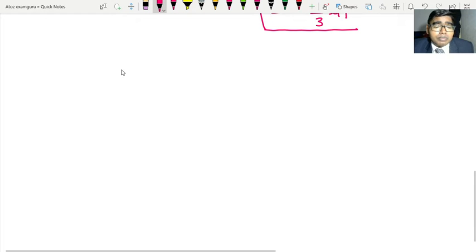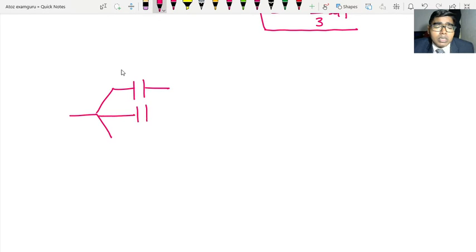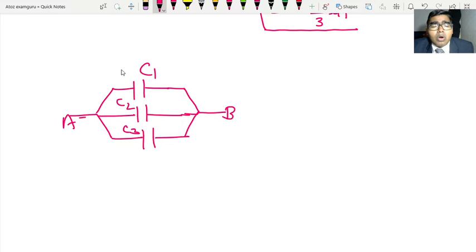Simply suppose that these capacitors are connected like this. C1, C2, C3, all are equal to 2 microfarad.